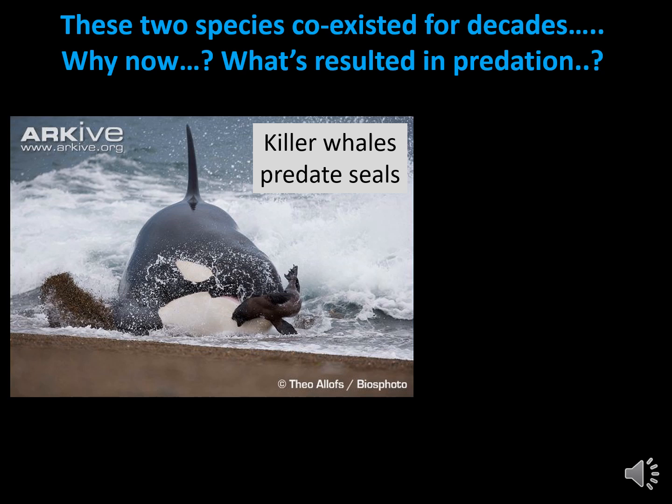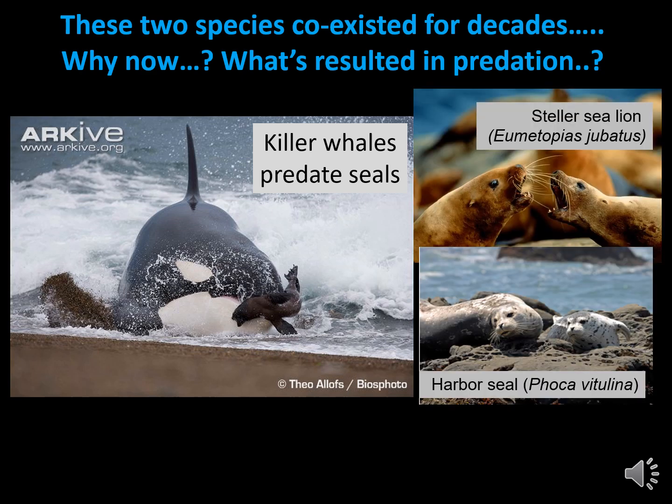So they actually feed on a variety of prey involving squid, cuttlefish, many species of fish, seabirds, sea turtles, seals, sea lions, and dolphins. Speaking of their preferred prey, particularly in this part of their distribution in the Aleutian Islands, it's Steller sea lions and harbor seals. Again, two species of mammals, in fact aquatic carnivores belonging to the group Pinnipedia.